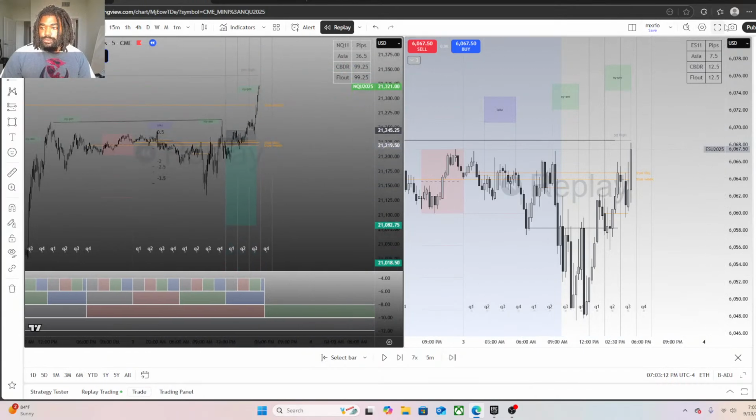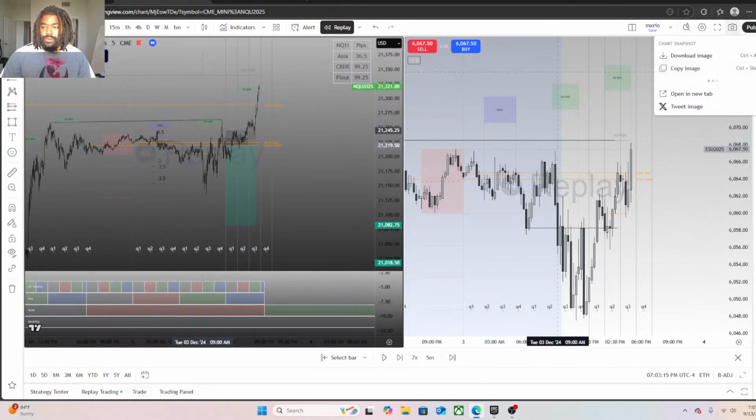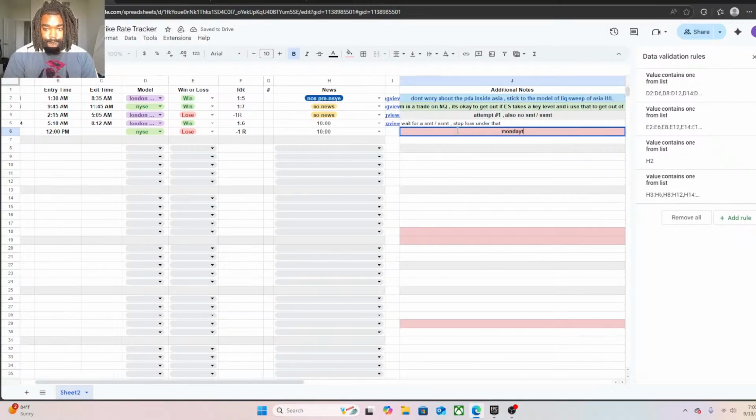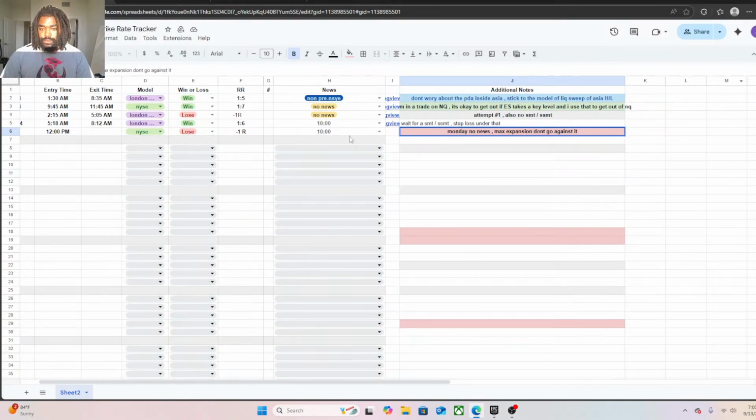It's cool. Copy link. So we put loss. This is negative 1 RR because... so this is a loss.